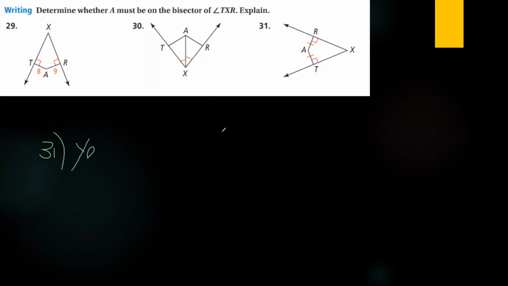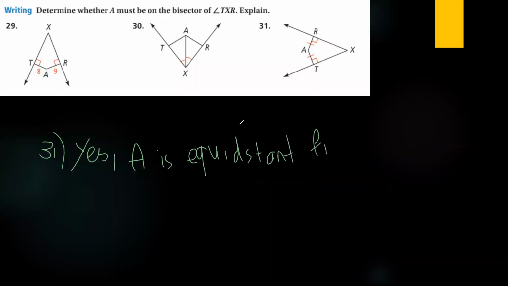Yes, miss, because it's given that RA is equal to AT. So they are equidistant from the sides of the angle TXR.